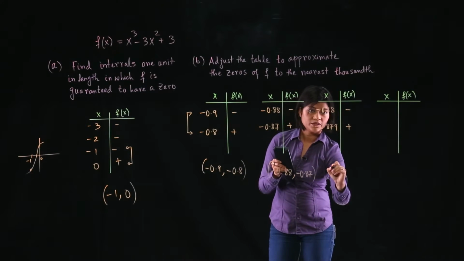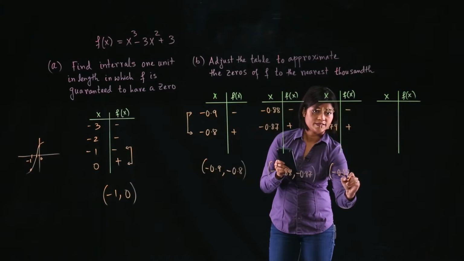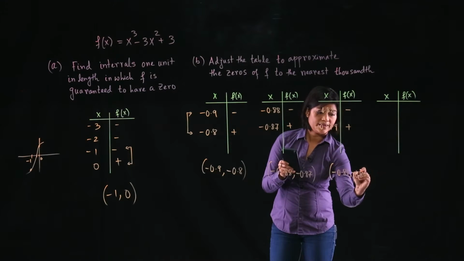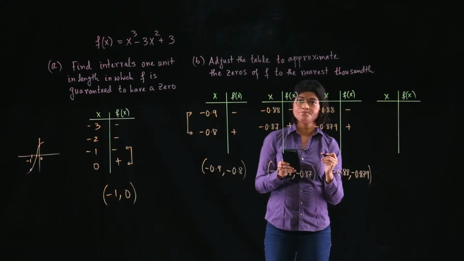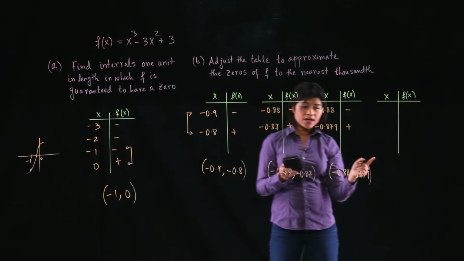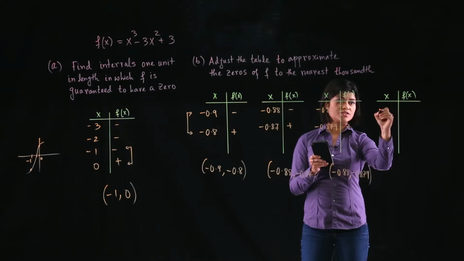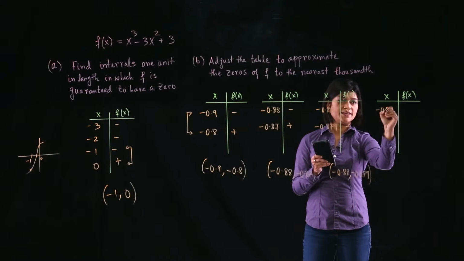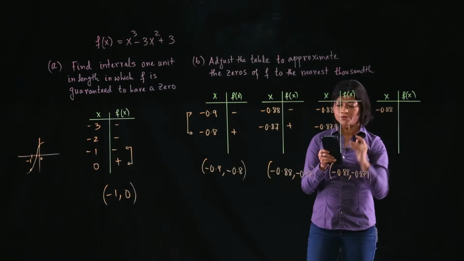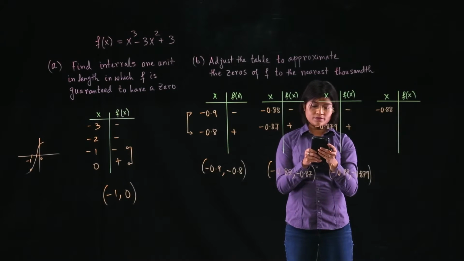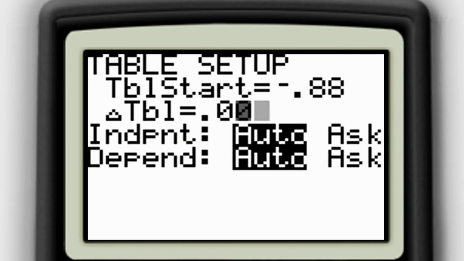So now our interval is between negative 0.88 and negative 0.879. Let's try one more time and then we will have our answer. So again, start with negative 0.88 being the first value, and change the length of the subinterval to be 0.0001.